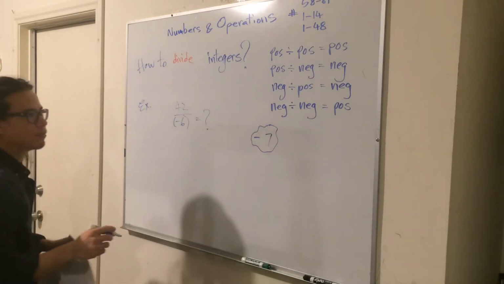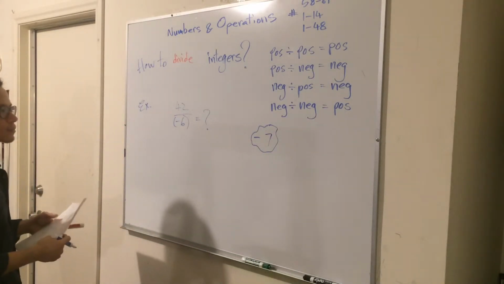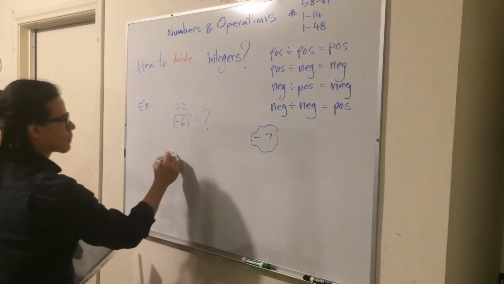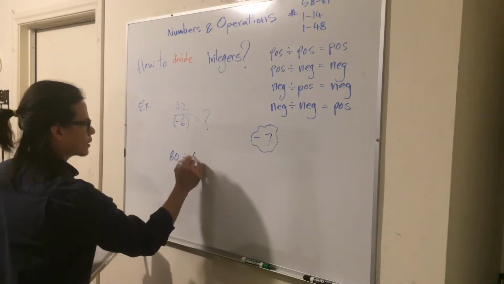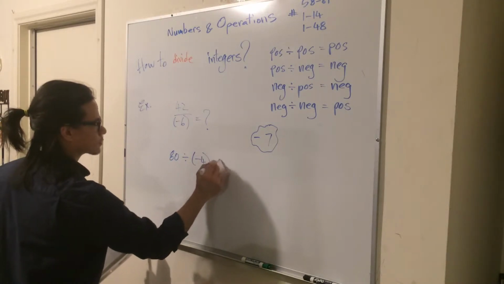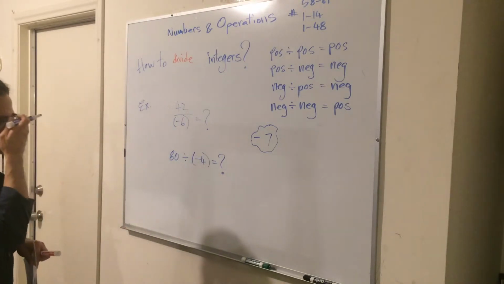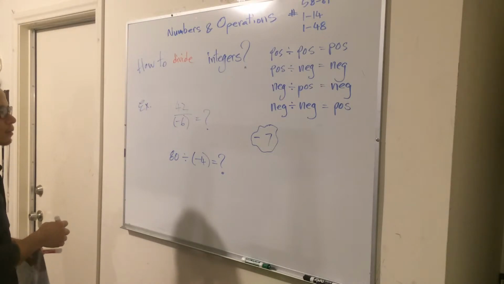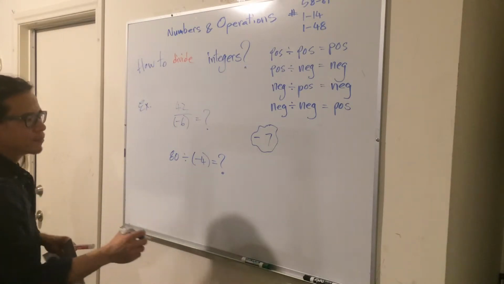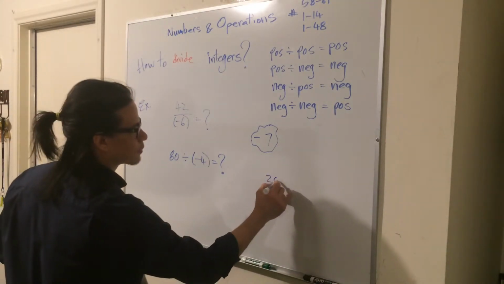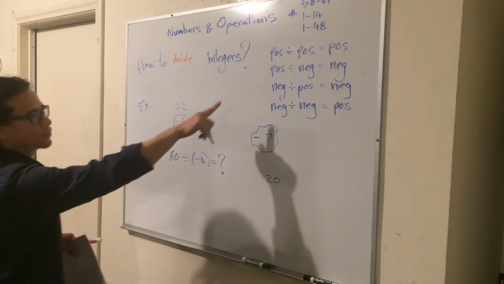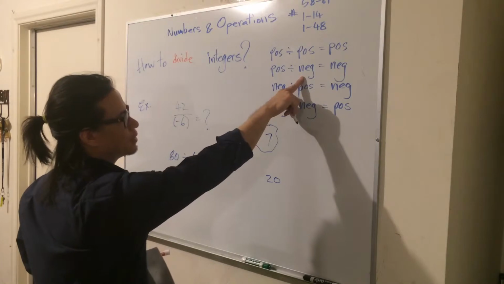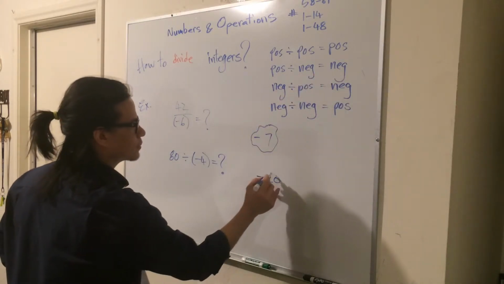Again, just going off of that rule there. 80 divided by negative 4. Take 80 divided by 4 to get 20. Positive divide a negative, we get negative.